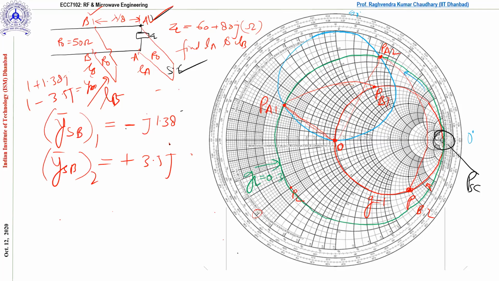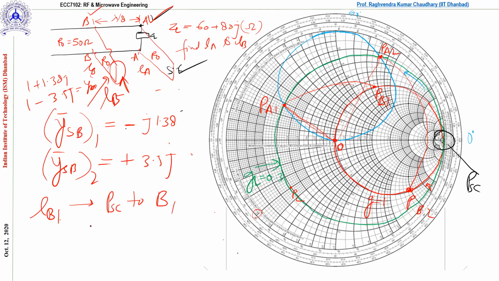Now everything will be the same actually. If you try to find LB1, LB1 is nothing but the distance between PSC, meaning P short circuit, because this is ultimately a short circuit. Okay, the stubs are short circuit. So you need to move from PSC to the B1 point.